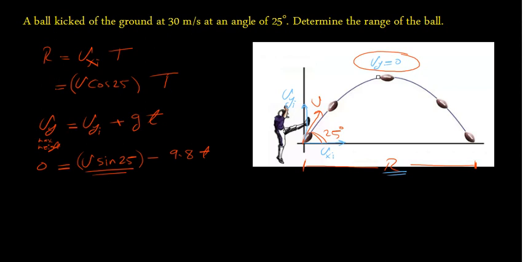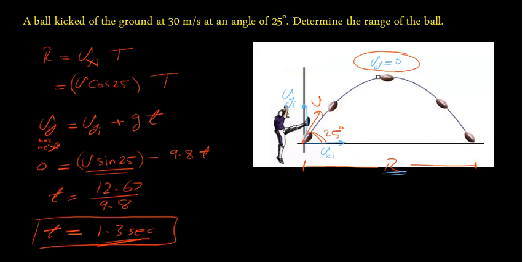By rearranging the formula, it will be 12.67 over 9.8, and that will be the time to reach the maximum height. It's about 1.3 seconds. Once again, I will repeat that: this is the time needed to reach the maximum height for this trip.